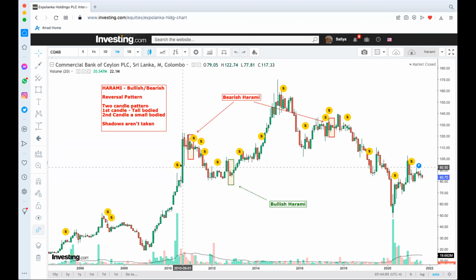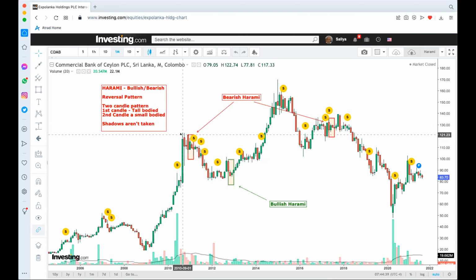As far as that month's range is concerned, it is very important for the next month. If the prices that started going up from here have to go up, the high over here has to be broken.